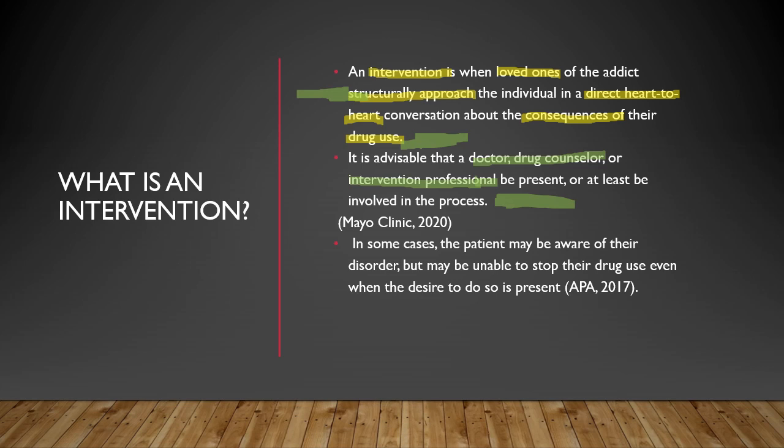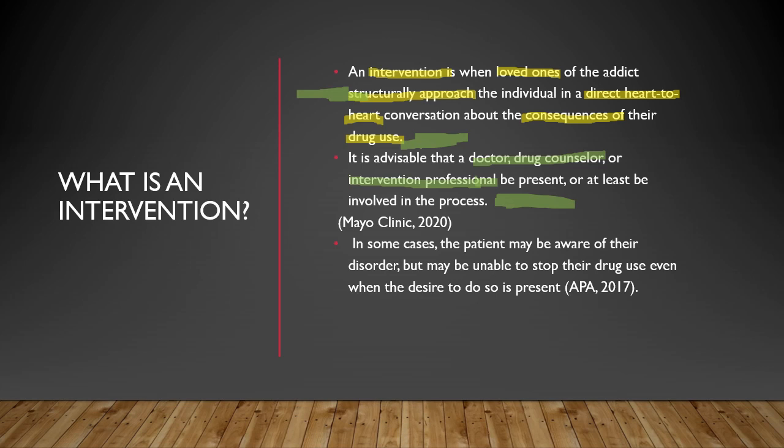Now, in some cases, the patient might be aware of their disorder, but may be unable to stop their drug use even when the desire to do so is present. We've seen this hinted at in the other lectures, where one of the very common recognizable characteristics of substance use disorder is attempts at cessation, or attempts to stop, that are unfruitful.